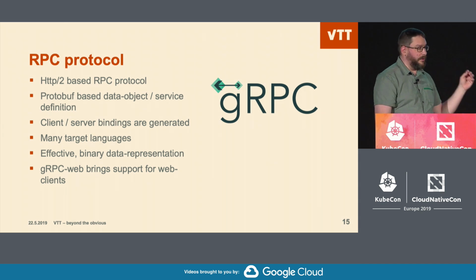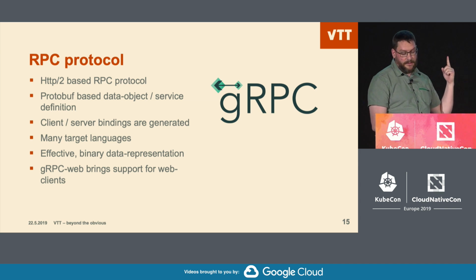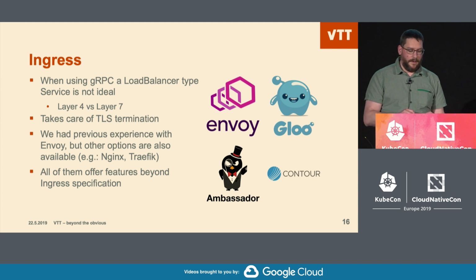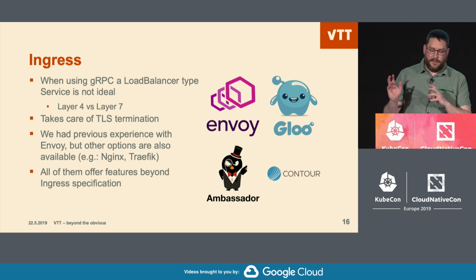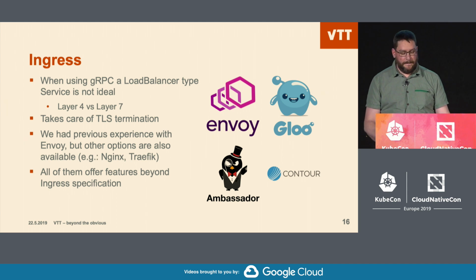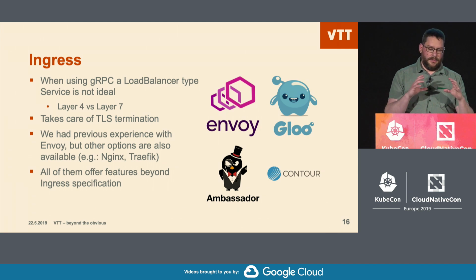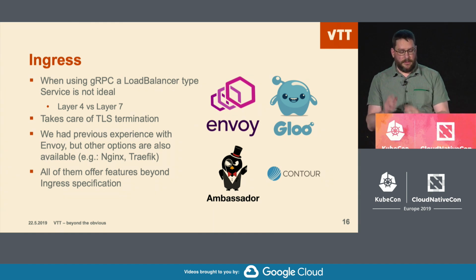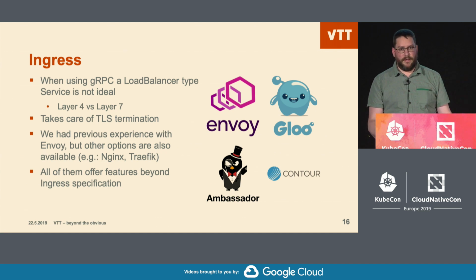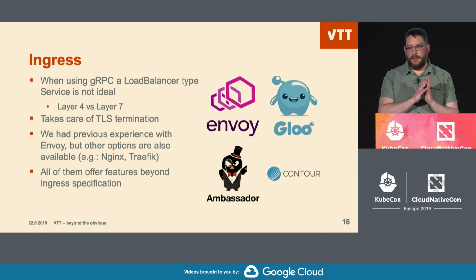And this is an important thing to keep in mind when you are selecting the next component, which is an Ingress. You can, of course, expose a gRPC-based service with the standard service object in Kubernetes, but there is a little bit of a problem. The service load balancer that is created when you create a service object is a layer 4 load balancer, which means it's really good when your connections are short-lived, like an HTTP request.